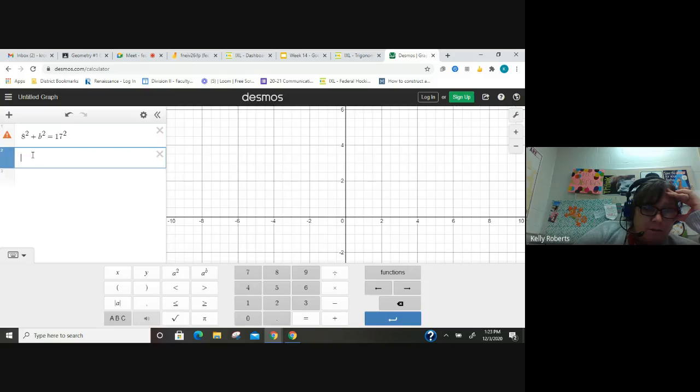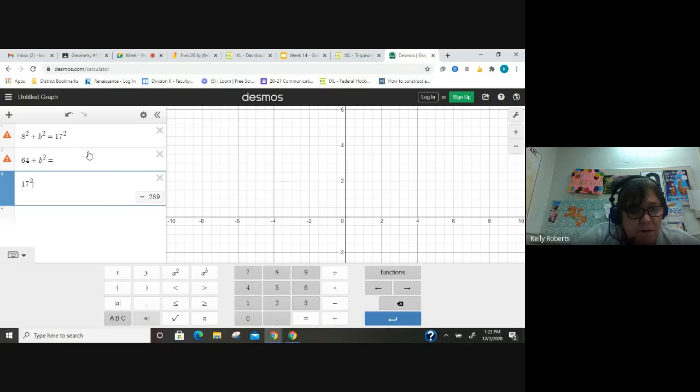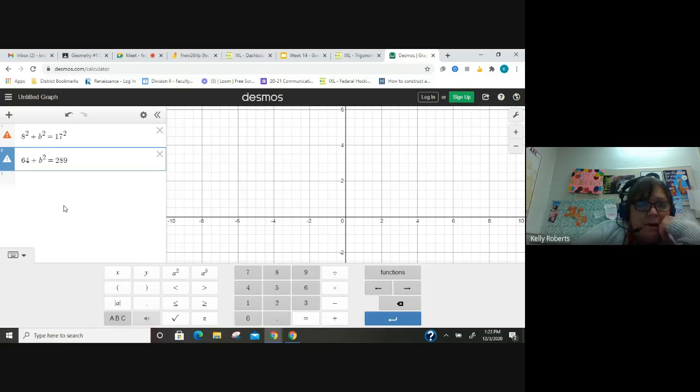All right, so 8 squared is 64 plus b squared equals, what's 17 squared? 289. All right, so now I need to subtract 64 from both sides. So 289 minus 64 is 225.